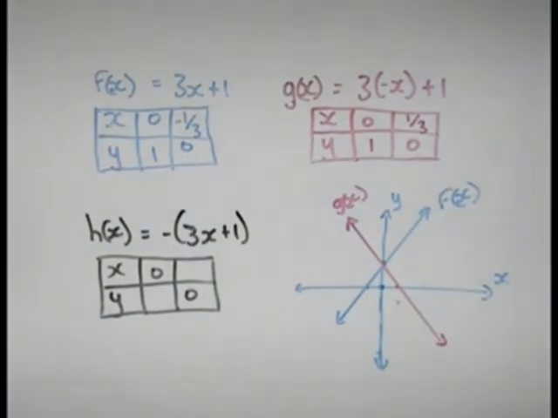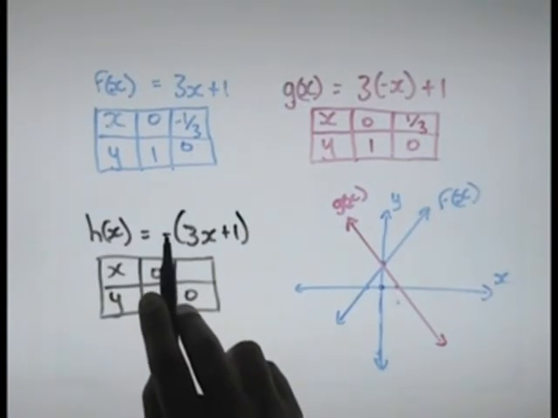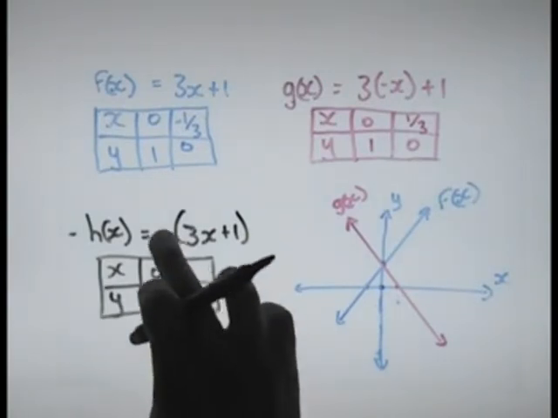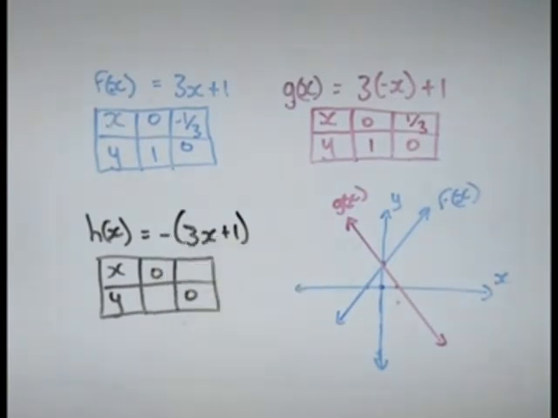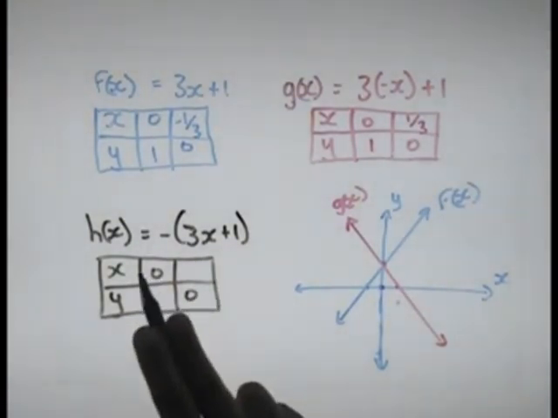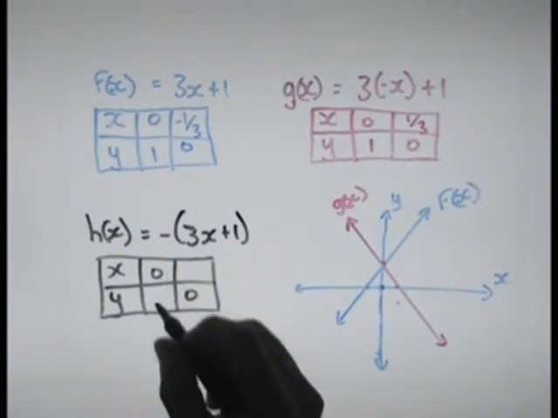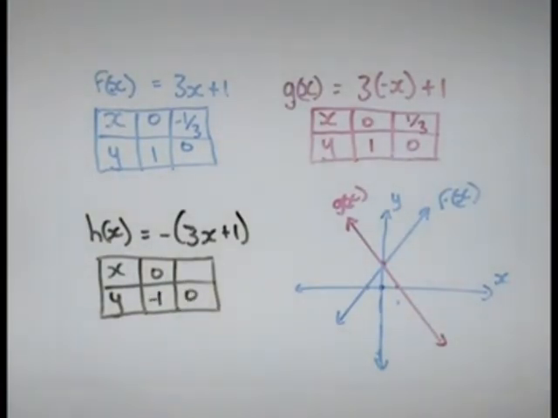The next one we're looking at is when h of x is equal to minus, 3x plus 1 in brackets. Basically, we've put a negative in front of that, so it's almost as if we've put a negative in front of the y. To get rid of the negative in front of the y, we divide through by a negative, which makes that negative. When x is equal to 0, y is going to equal -1.